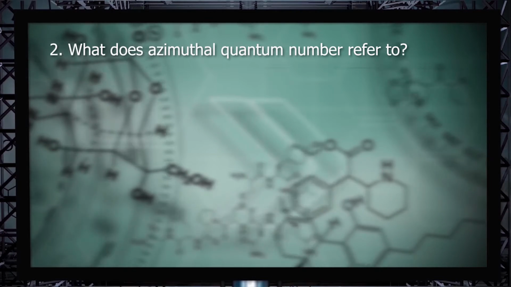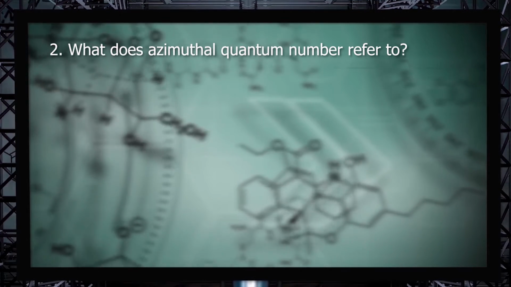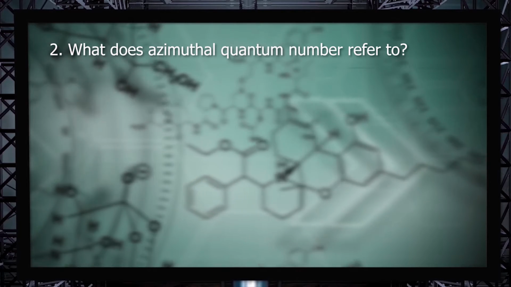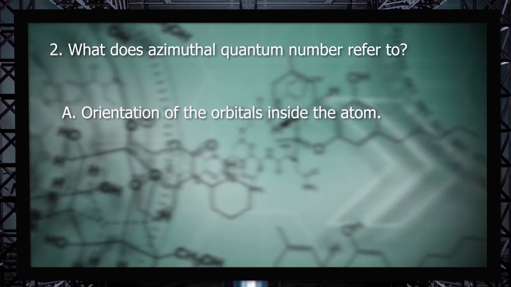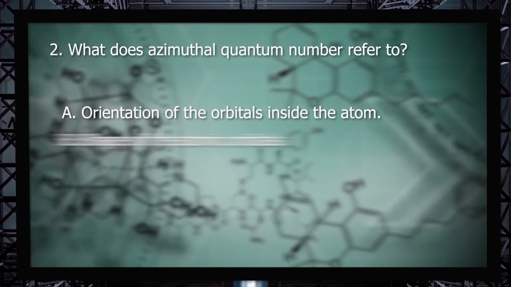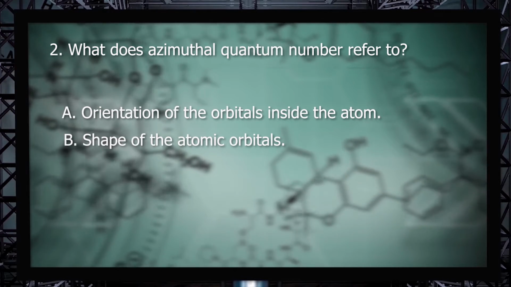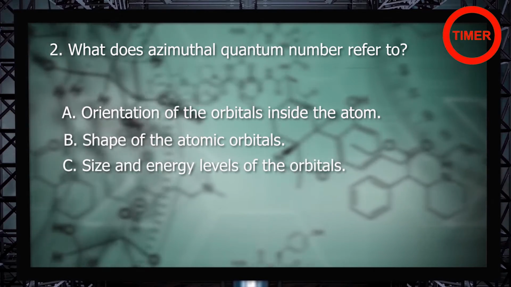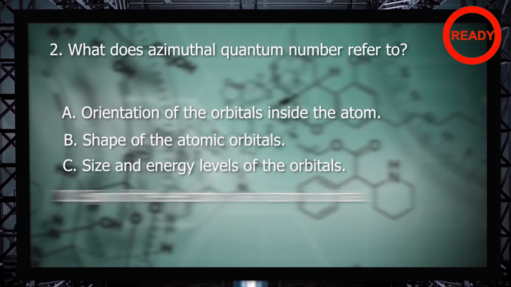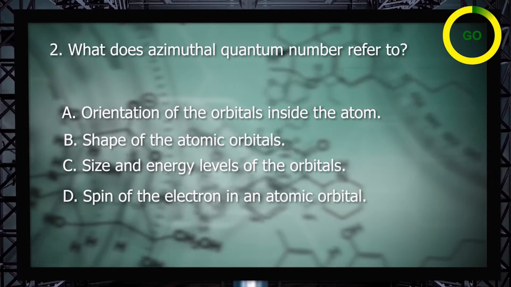Number 2. What does azimuthal quantum number refer to? A. Orientation of the orbitals inside the atom. B. Shape of the atomic orbitals. C. Size and energy levels of the orbitals. D. Spin of the electron in its orbitals.